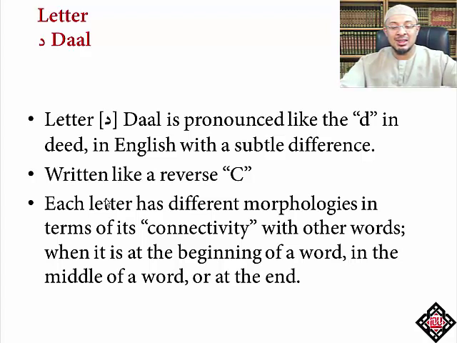It just depends on the different quote-unquote connectivity with other letters. Okay, and as we get familiar with the different letters, we'll be able to bi'idhnillah write easier and practice, and this will all set in.